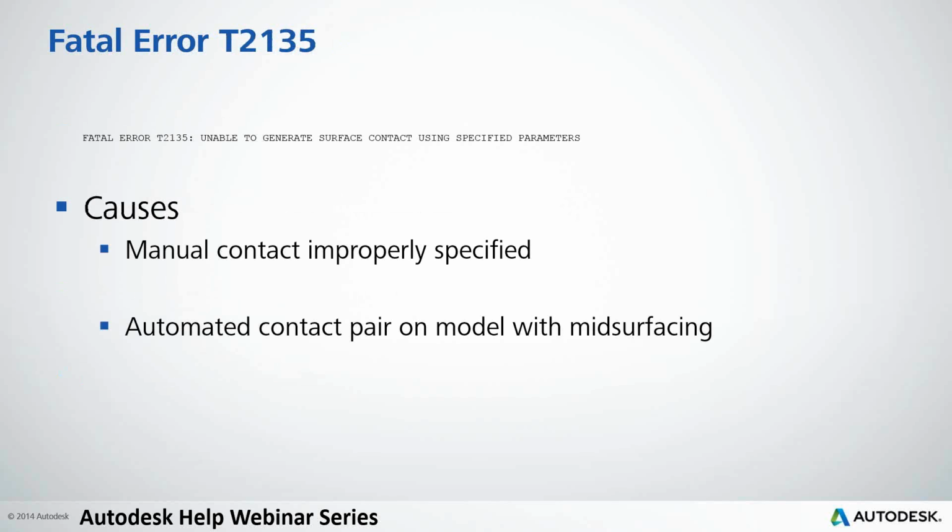Next one is fatal error T2135. I've seen this quite a few times when people are setting up nonlinear models. What they've done is, they've used some of the mid-surfacing tools within Nastran In-CAD, but the automated contact pairs that we can generate when using Nastran In-CAD in Inventor don't account for that change in geometry.